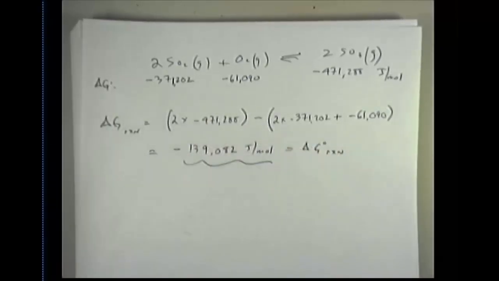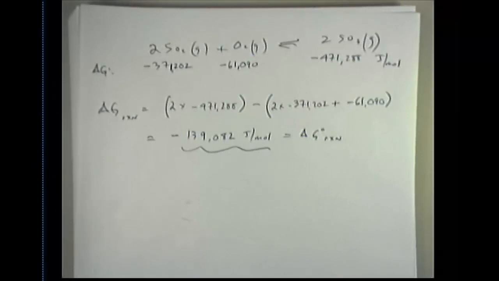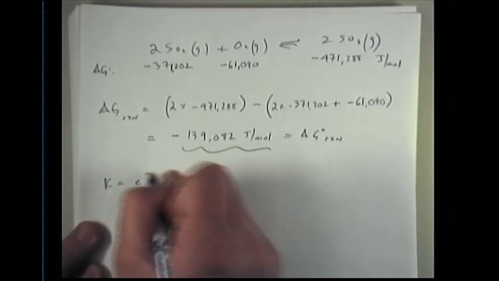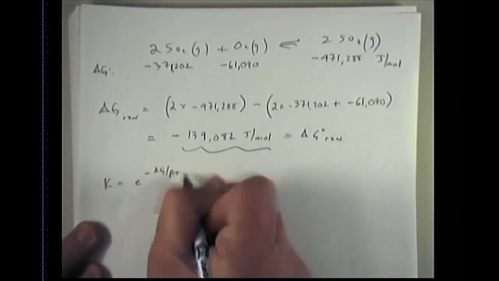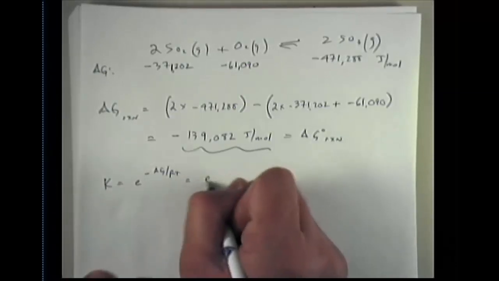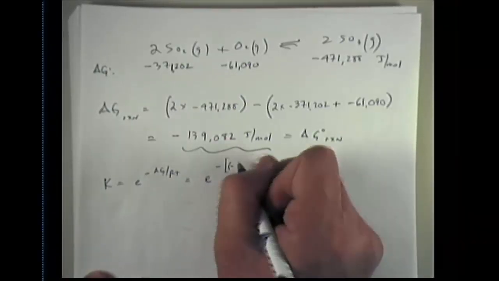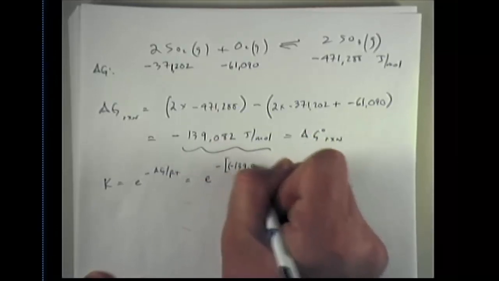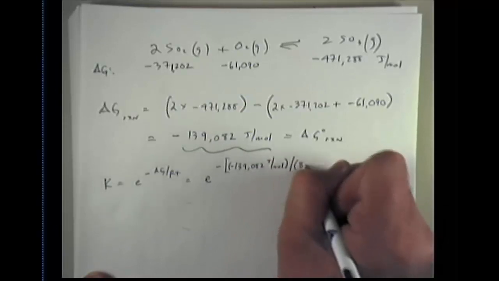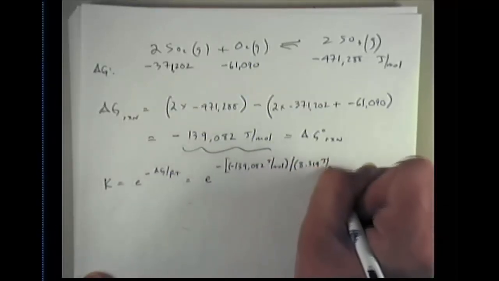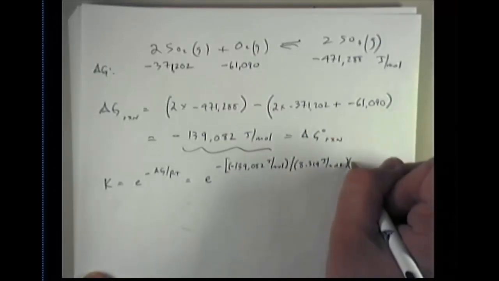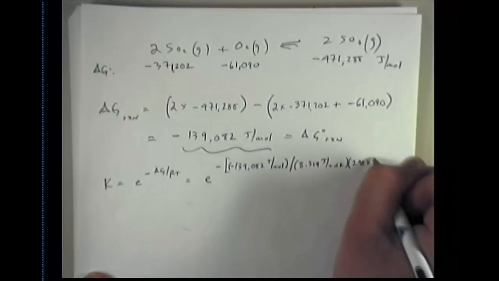Now we should remember the original goal of this problem was to find the equilibrium constant. You may recall that that is equal to E raised to the minus delta G divided by RT. In this case, we now have a delta G value. So I'm going to raise E to the minus 139.082 joules per mole divided by R, which is 8.314 joules per mole Kelvin, multiplied by the temperature, 298 Kelvin.